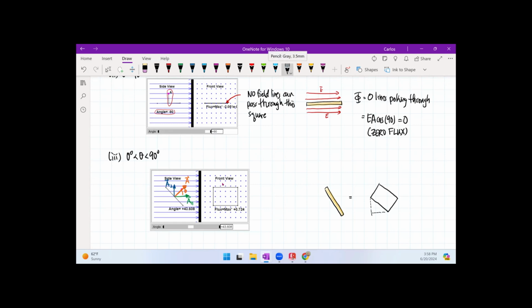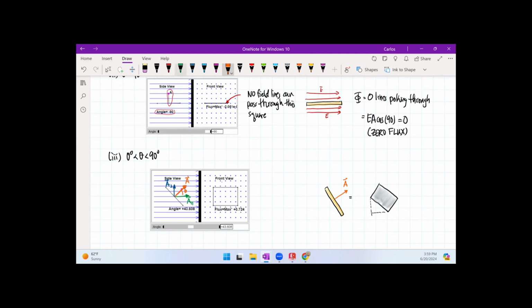So now the same type of thing is happening. If I have an E field, what I'm seeing here is that I have a perpendicular vector, a normal vector. I don't want to confuse that.